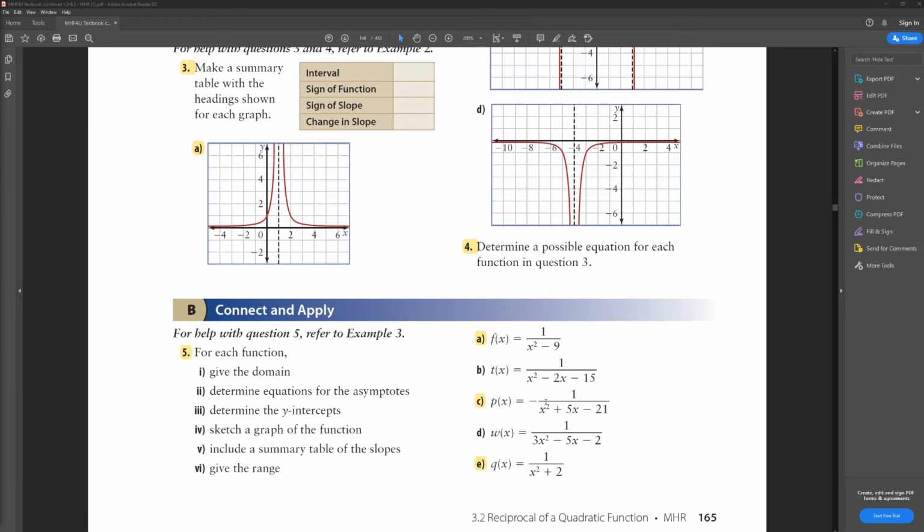For C, we need to find the vertex, which will be a lot of fun to do, since we will have complicated roots. You'd have to find the average of those two roots and then substitute that into the function to find your y value, and your y value isn't going to be pretty either.